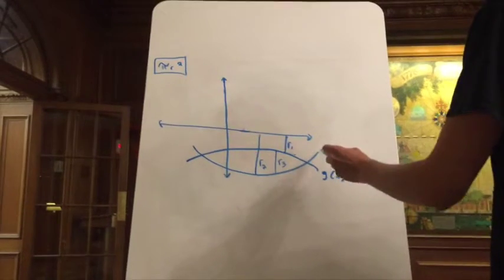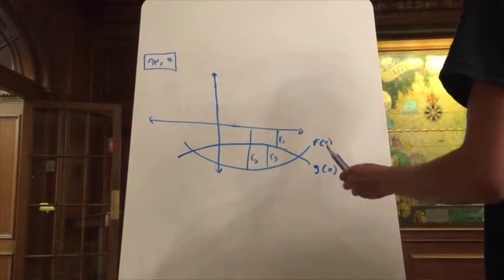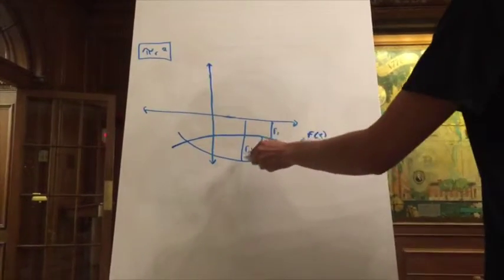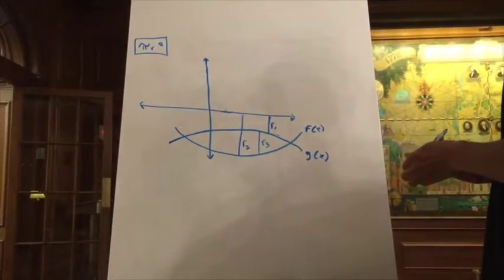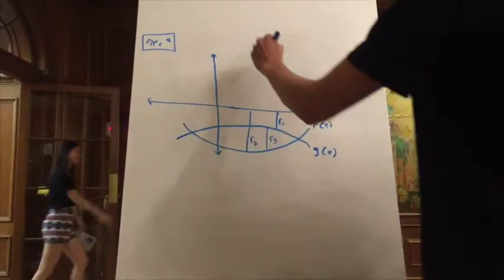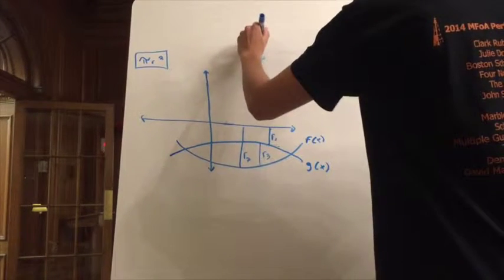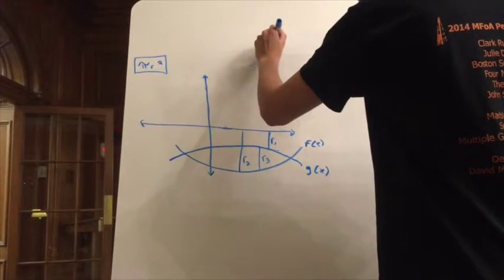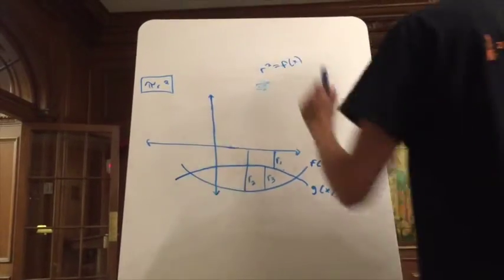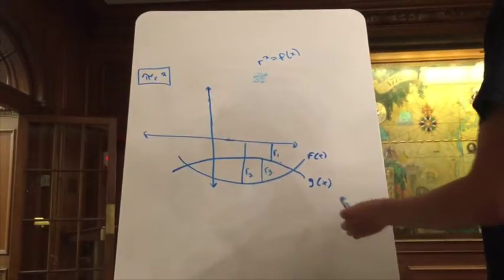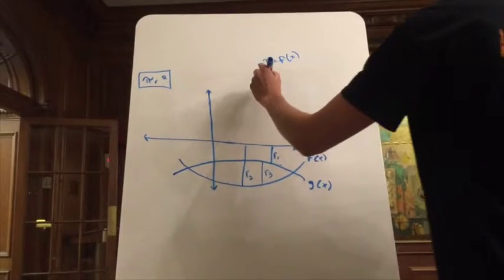r2 we can define as the length between f of x and the x-axis, or simply f of x. Actually, put this as r2. r1 is the length between g of x and the x-axis.